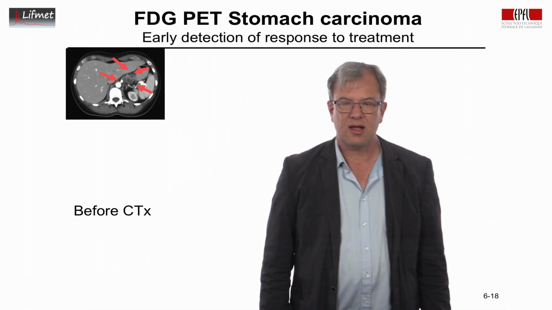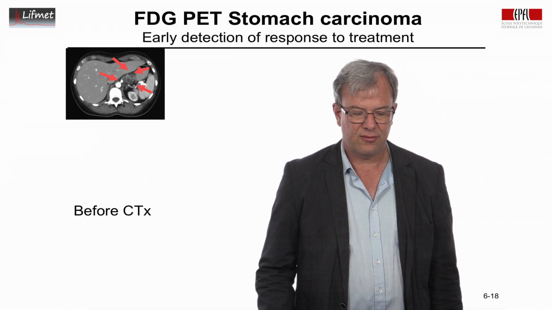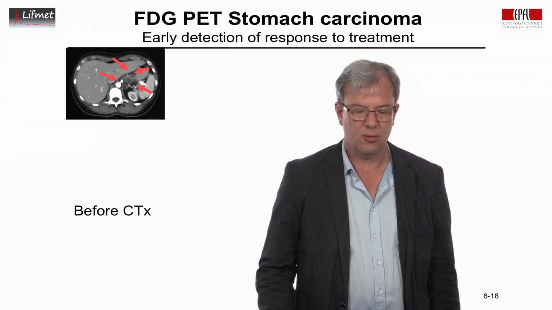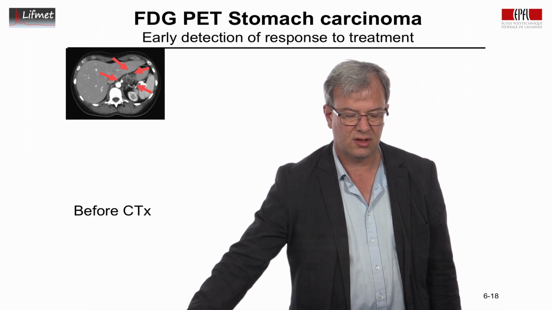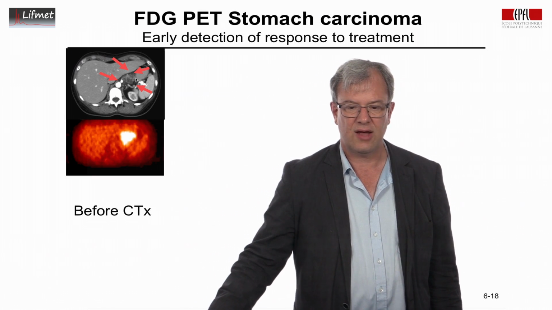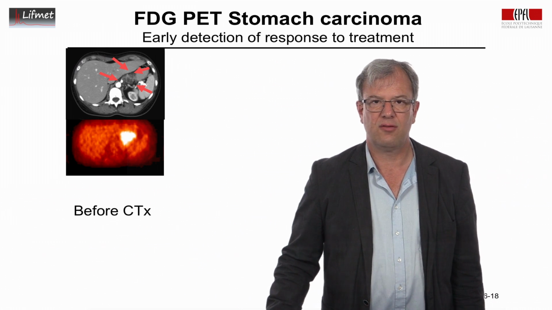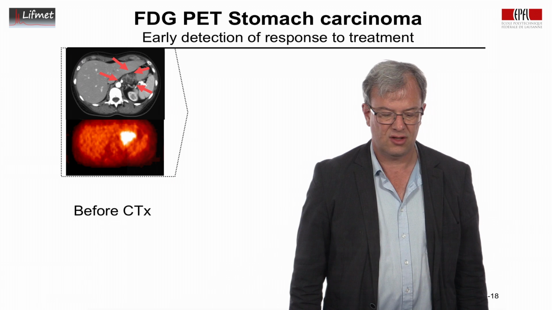Now here I want to take a clinical example, and this is a stomach carcinoma. We have the CT scan here before chemotherapy treatment. The arrows delineate where the lesion is, where the tumor is, and the PET scan gives us here a high uptake indicative of neoplastic, cancerous tissue.